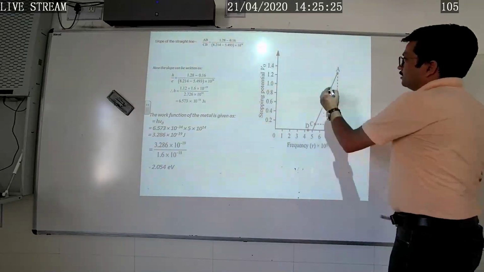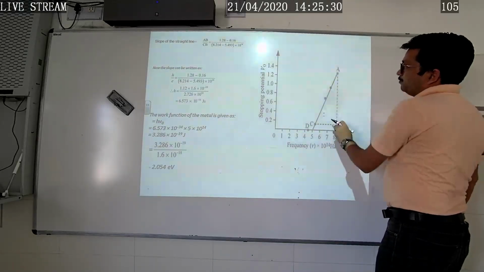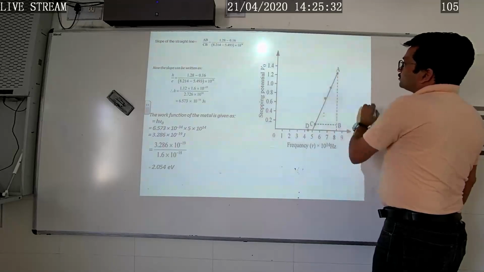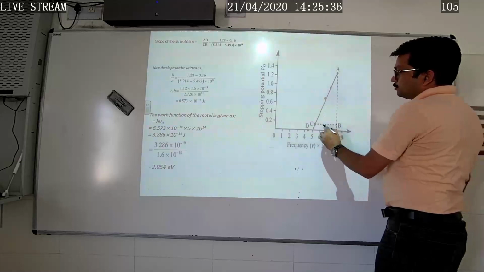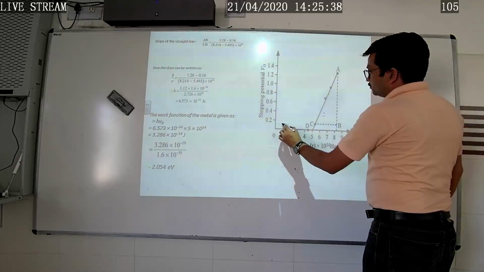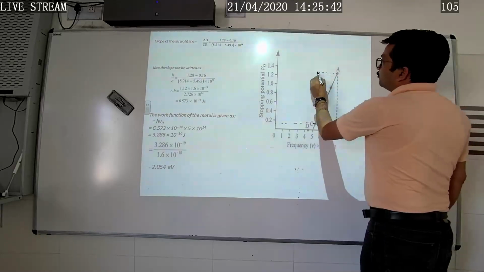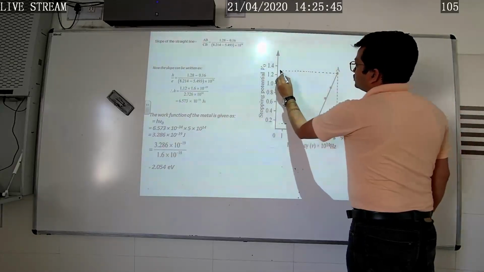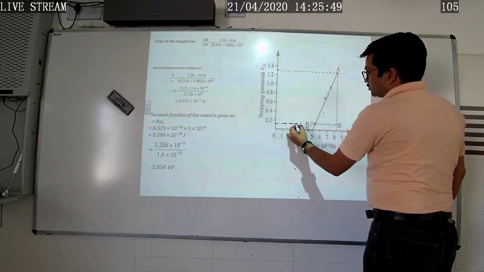For AB, the difference between these two values corresponds to 0.16 and 1.28, nearly 1.3.